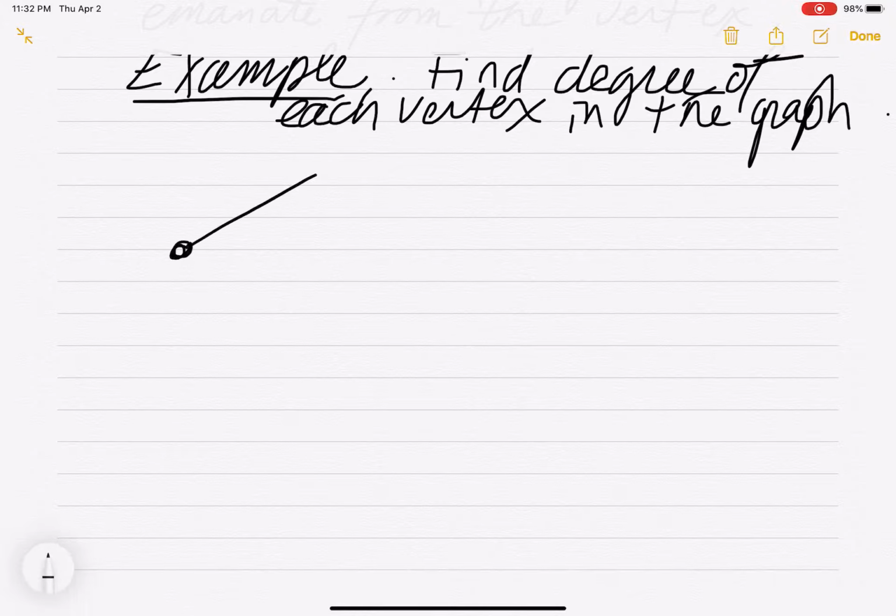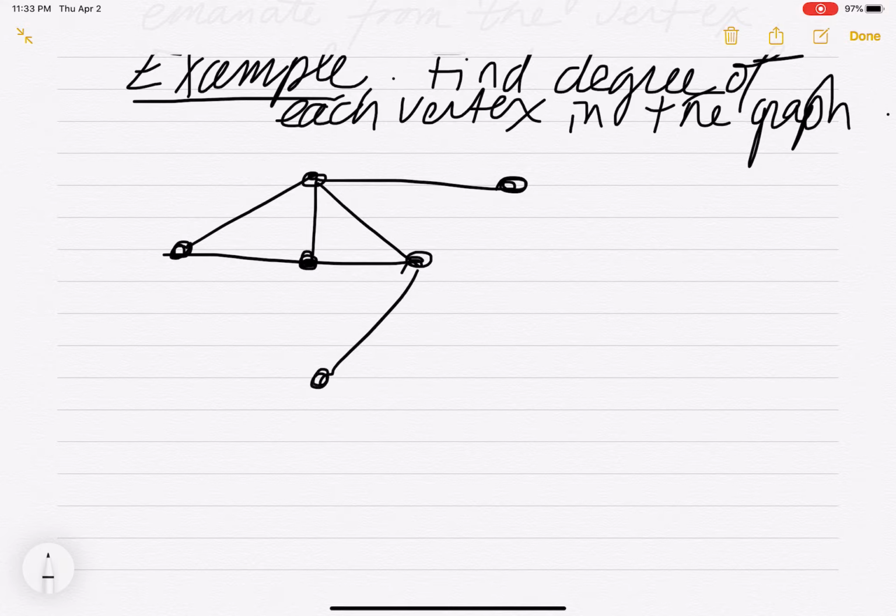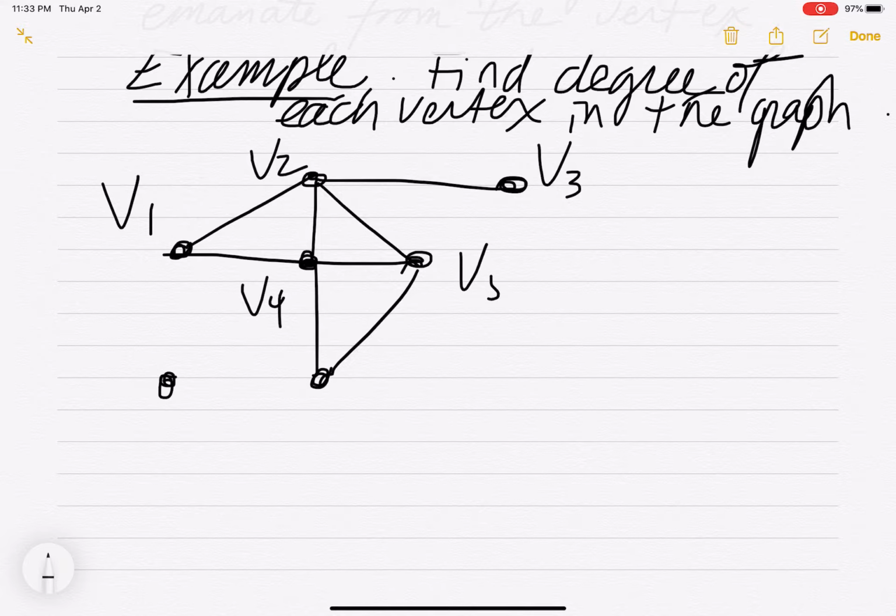First vertex, second vertex, third vertex, fourth vertex, fifth vertex, sixth vertex, seventh vertex. We have V1, V2, V3, V4, V5, V6, and V7. So what is the degree?